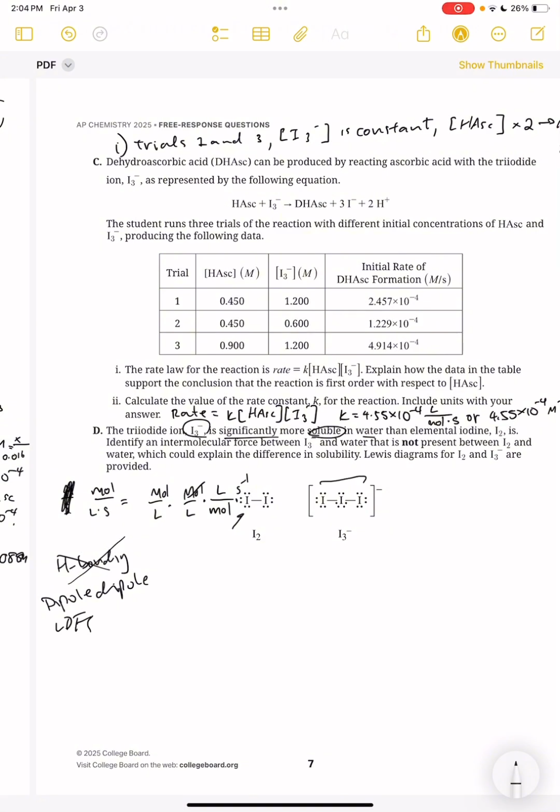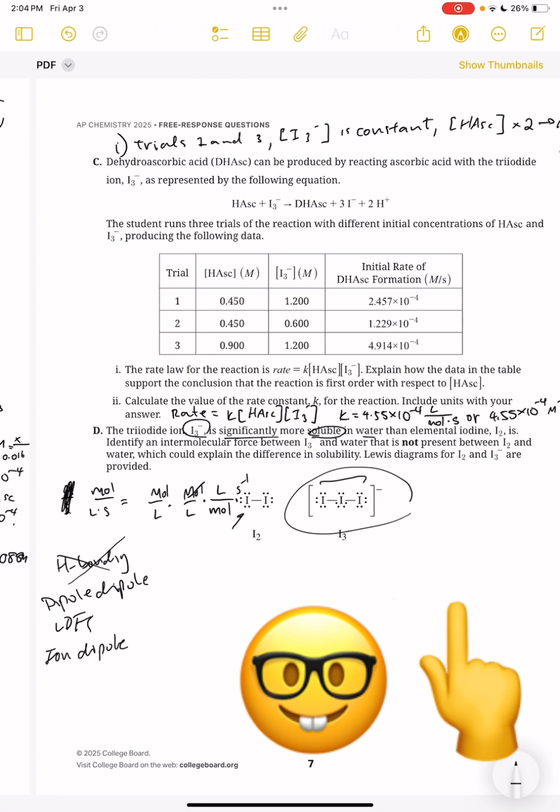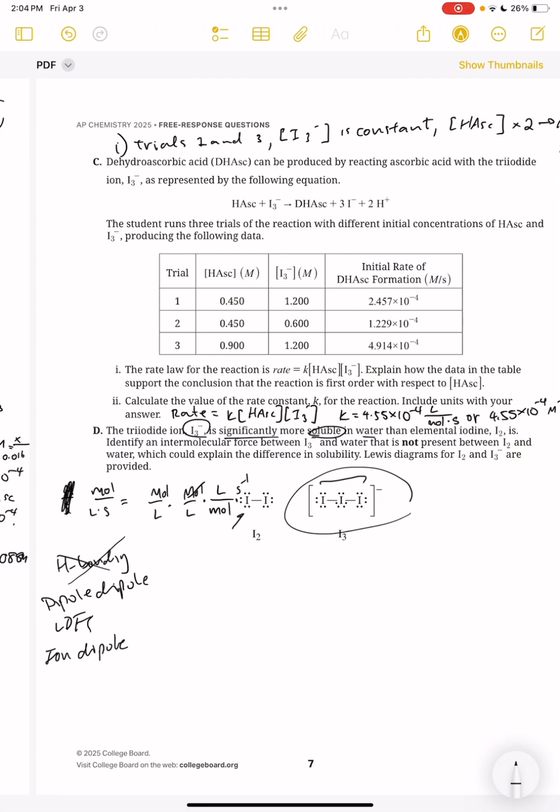But there's also ion dipole, which would exist between this triiodide ion and water because, you know, triiodide is an ion and iodine is not. So your justification can just be ion dipole.